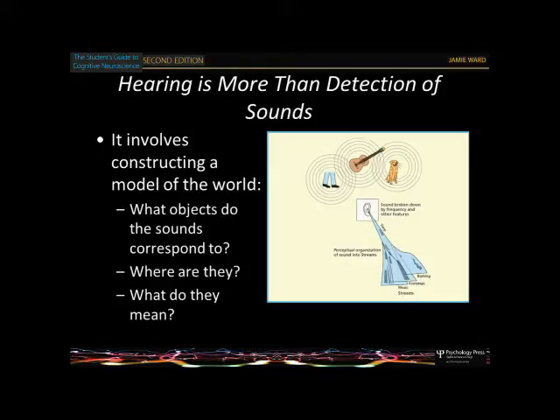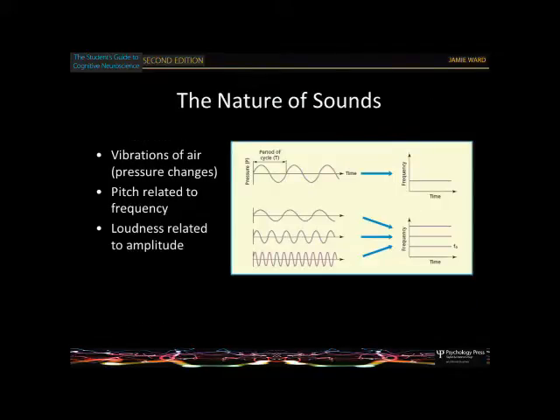So again, your input stream is this relatively undifferentiated signal bouncing around on your inner ear, and what your brain is effectively trying to do is extract out where, what, how, and so on, all these other inferential questions. It's not just a question of detecting that there is a sound source out there, for instance.